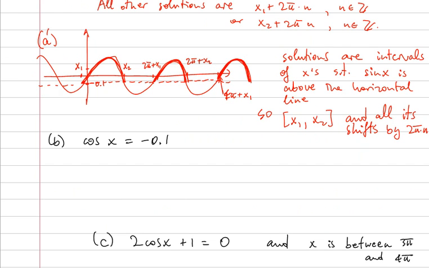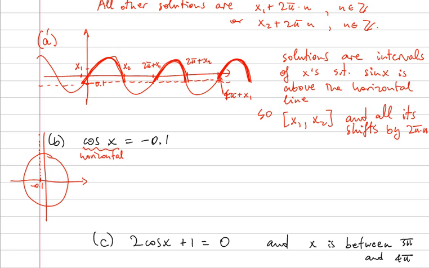Okay, so for the second problem we do the same thing, except now we have cos x equal to negative 0.1. So you draw the unit circle, and since cos x is the horizontal coordinate, you want all the points where the horizontal coordinate is negative 0.1. So I find the point on the x-axis that's negative 0.1.